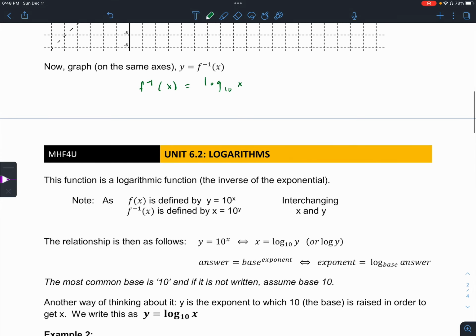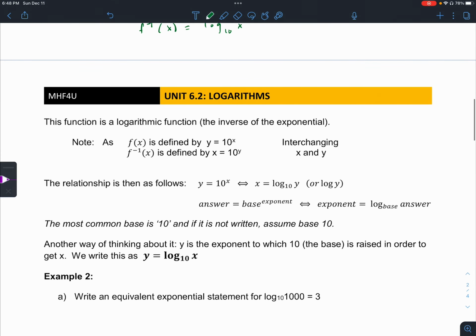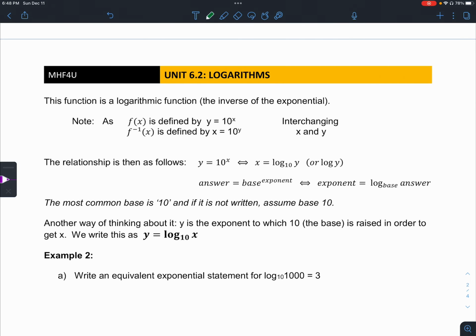As mentioned already, this function is a logarithmic function, the inverse of the exponential. So f of x is defined by y is equal to 10 to the exponent of x. If we interchange x and y, we get f inverse, and the inverse function is defined by x is equal to 10 to the y.